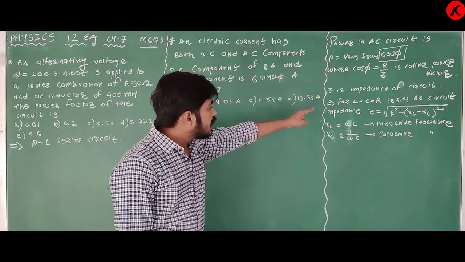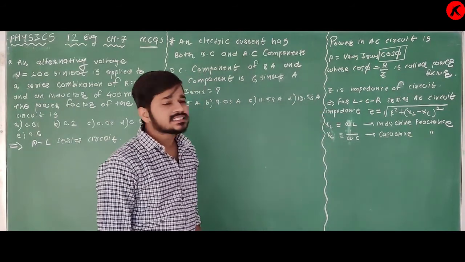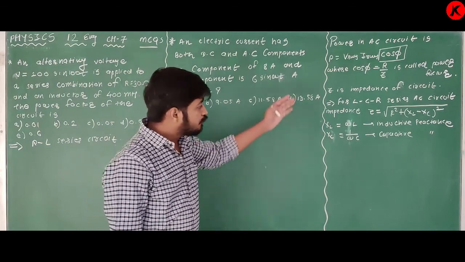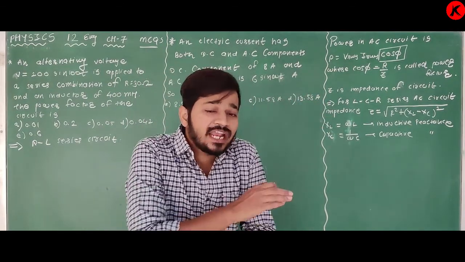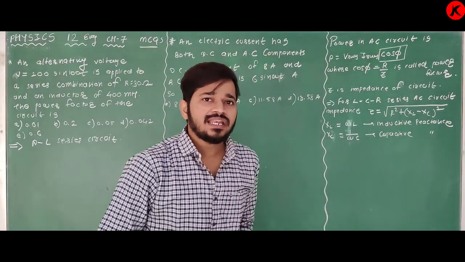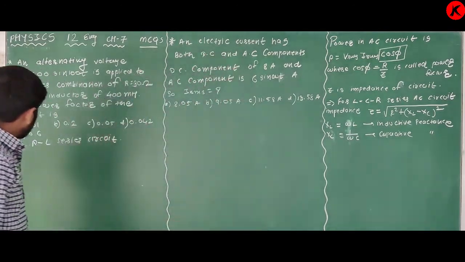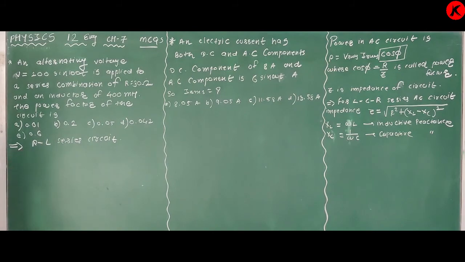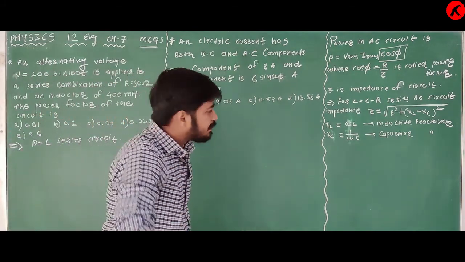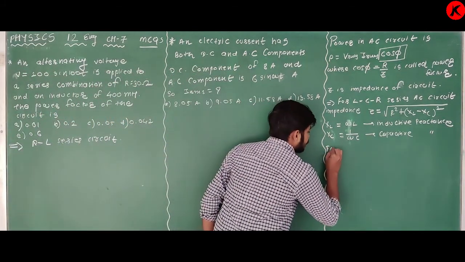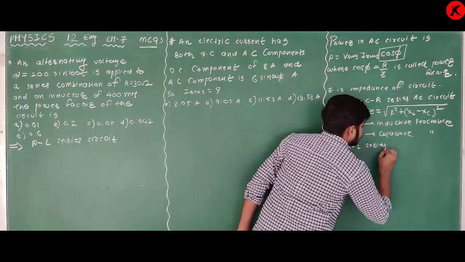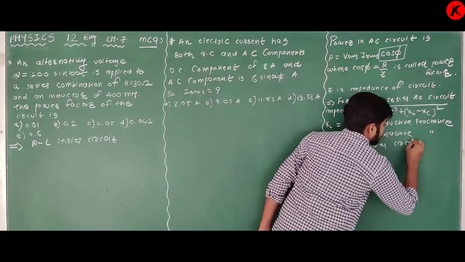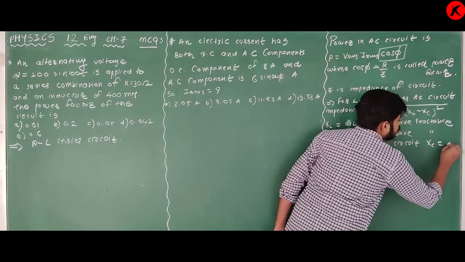So first of all, for an LCR series AC circuit, you have to remember impedance. From this, you can write the equation of impedance for any series connection. For example, here you are given an RL series circuit, means there is no capacitor. So for the RL series circuit, you have to take XC is equal to 0.